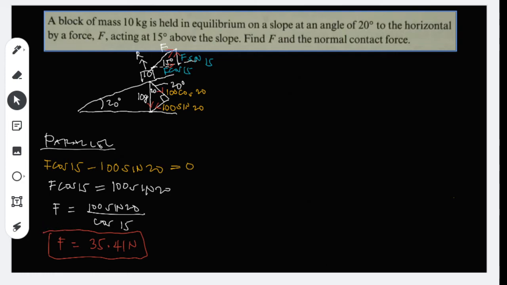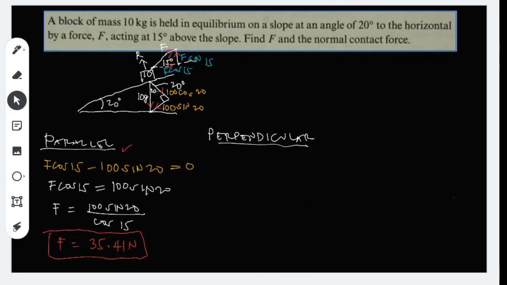So we're done resolving in the parallel. Now, let's continue. Let's resolve in perpendicular. When resolving in perpendicular, the same process, we're going to look for the components which are perpendicular to the given slope.